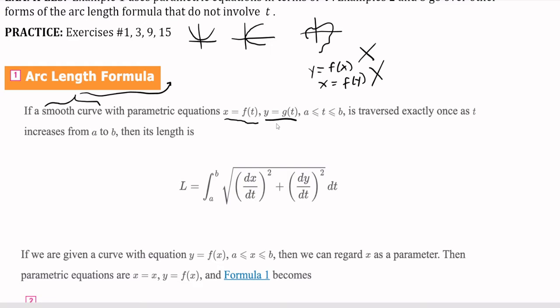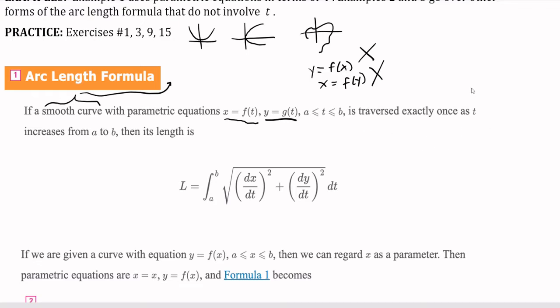So in cases where I can't do y as a function of x or x as a function of y, like this one here, I may be able to describe each coordinate, the up and down and the right and left, individually as a function. Instead of having one function for my picture, I have two separate functions for it. That's parametric equations.